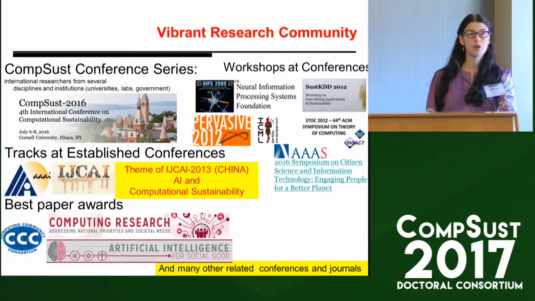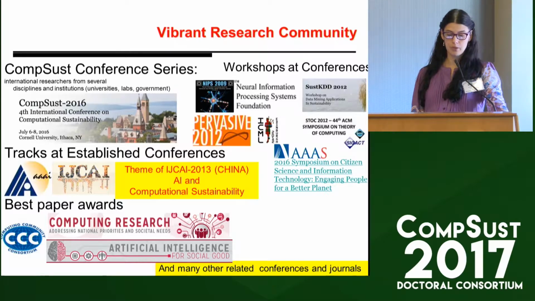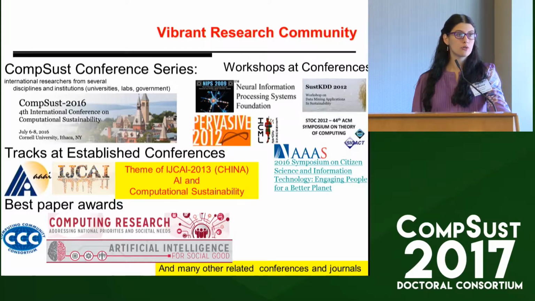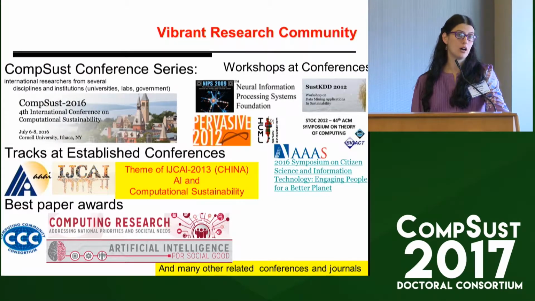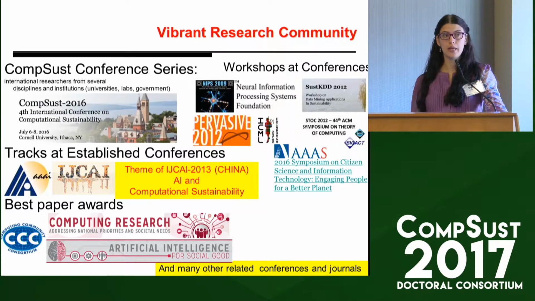There are multiple workshops happening across different conferences, such as KDD, Pervasive, the Academy of Sciences Symposiums, etc. More recently, also, the CCC has started running a series of symposiums on artificial intelligence for social good, which covers a lot of related domains and problems to sustainability.